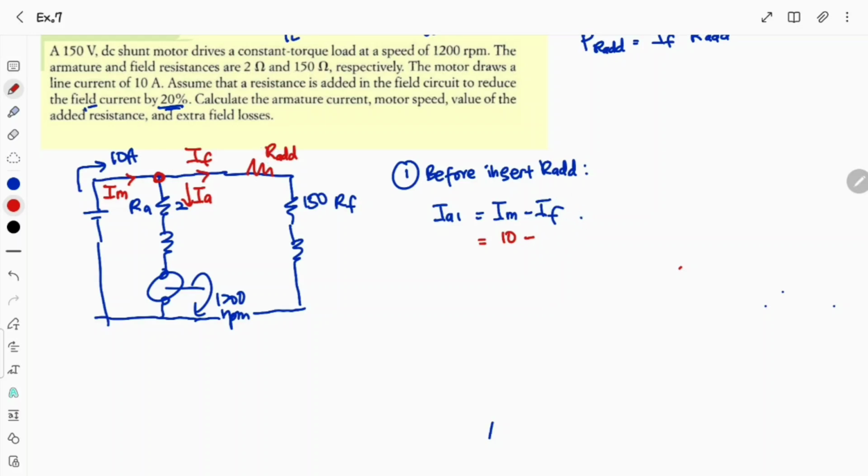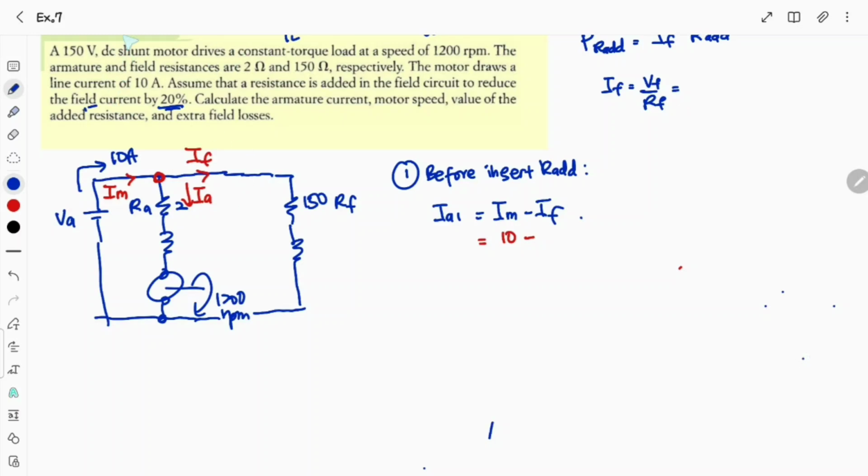So for IF, let's say I didn't add this. Assume that we have only the field resistance here before inserting the extra resistance. This point and this point are obtained from one source, so this is your VA. IF is equal to V over R, VF over RF.